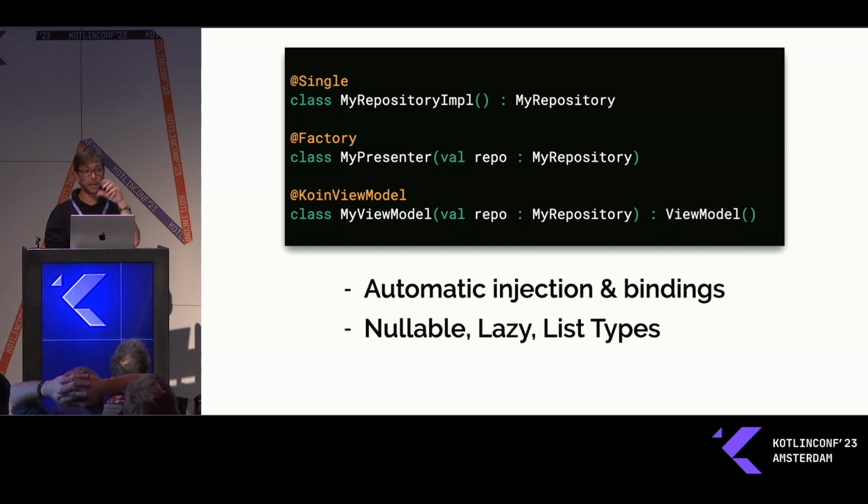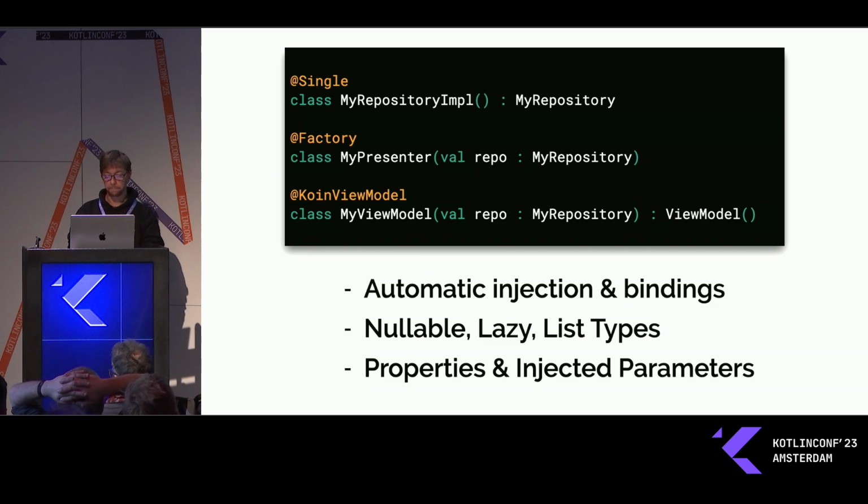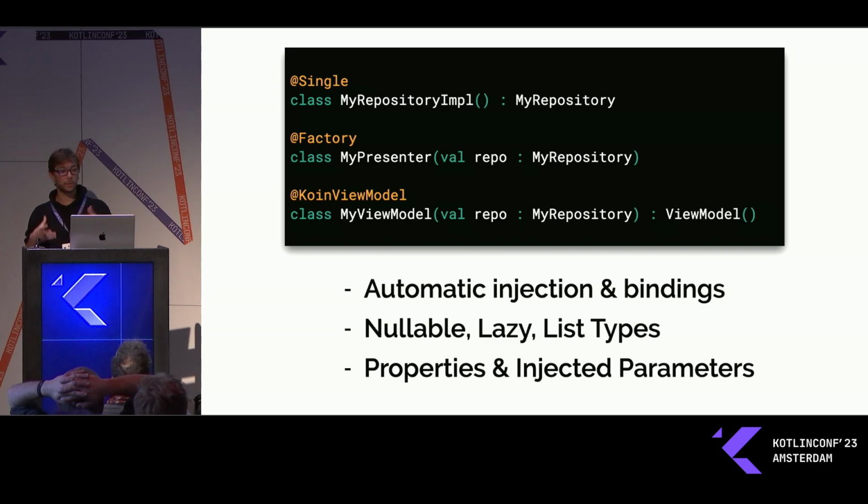You don't have to make a special annotation or something. And for properties, either it's an injected parameter, or it's properties from the system, and then you use the proper annotation. But in terms of experience, it's super important for us to be sure that you have the minimum to write, and then you can do the maximum.